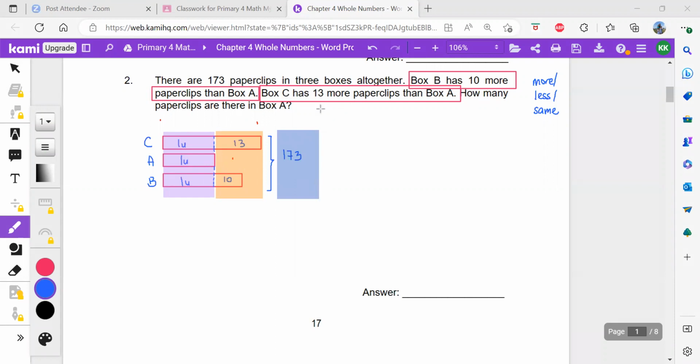Correct. So if the total is 173, and I were to remove this 13 and the 10, that will give me 3 units.